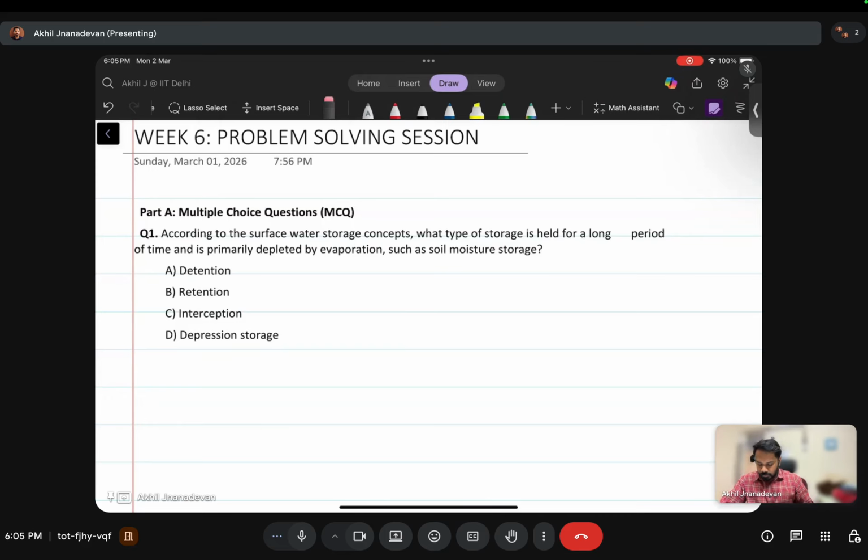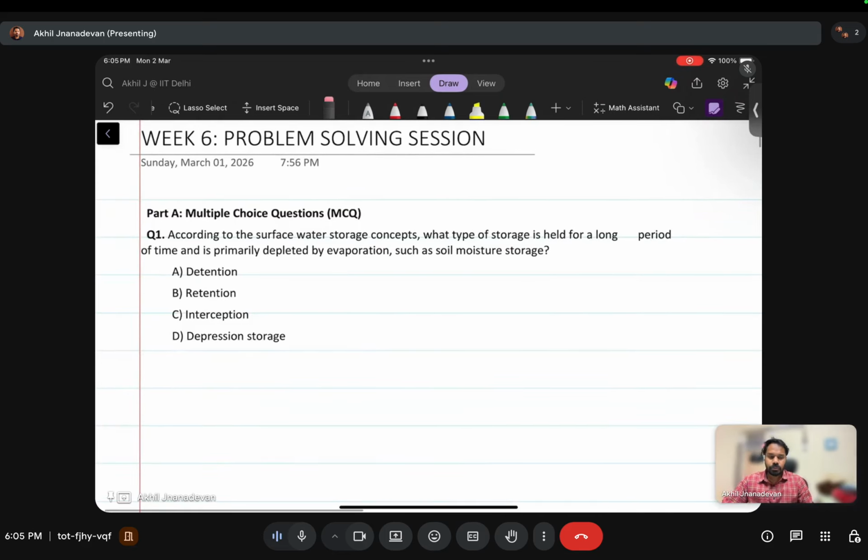So we'll start with the problem solving section. For those who are attending for the first time, the pattern which I follow is I've selected six MCQ questions and six NAT questions, that is numerical answer type questions. And the MCQ questions are selected in such a way that they will cover the entire concepts which have been taken in week 6. So all the main concepts will be covered. It would be like a recap for you.